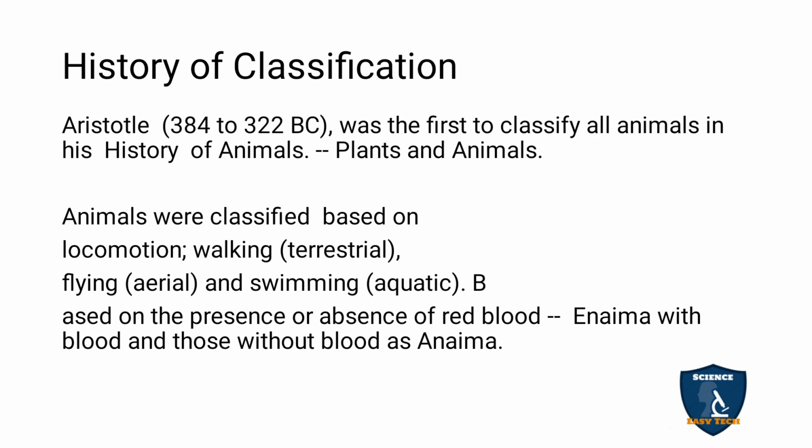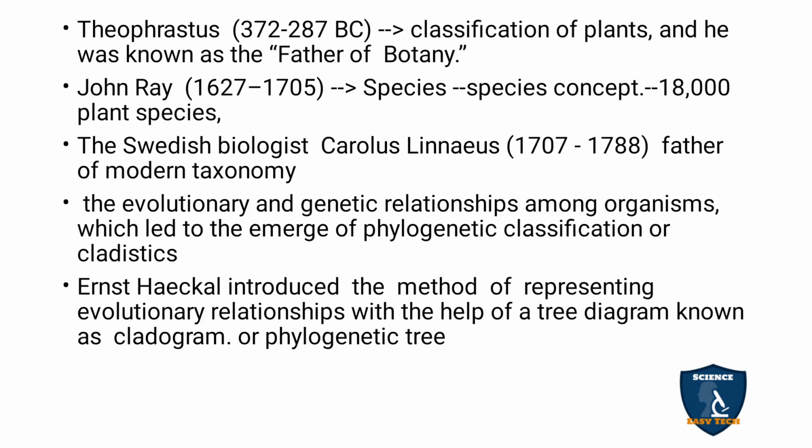Walking, that is locomotion, they are terrestrial animals. Flying, they are aerial animals. Swimming, they are aquatic animals. And it is also based on the presence or absence of red blood cells, that is, whether the blood is present or absent. Enaima means they have blood. Anaima means no blood. So based on this also they classified it.